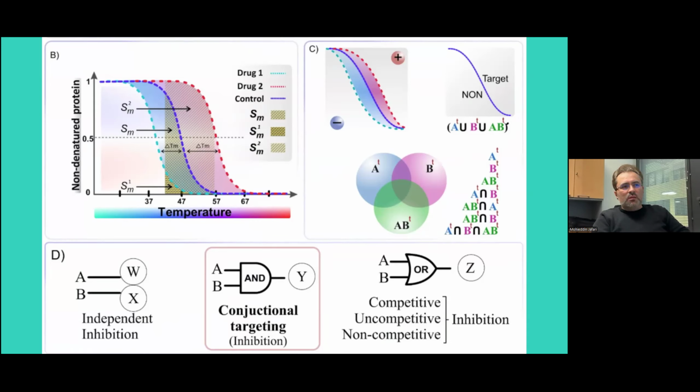But if there is a target specific for the combination of treatment, which is called AB, those targets would be related to the AND gate.